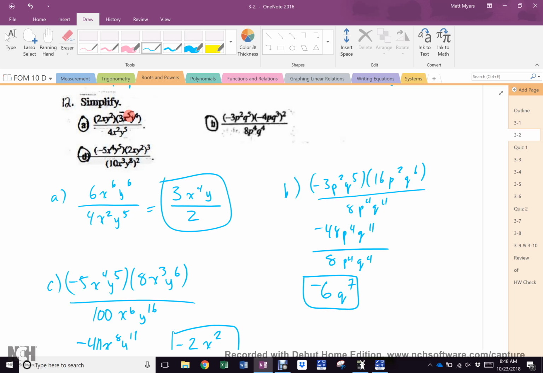B. 11 minus 4. 5 Qs and 6 Qs is 11 Qs. For C, why did you times the negative 5 and 2?